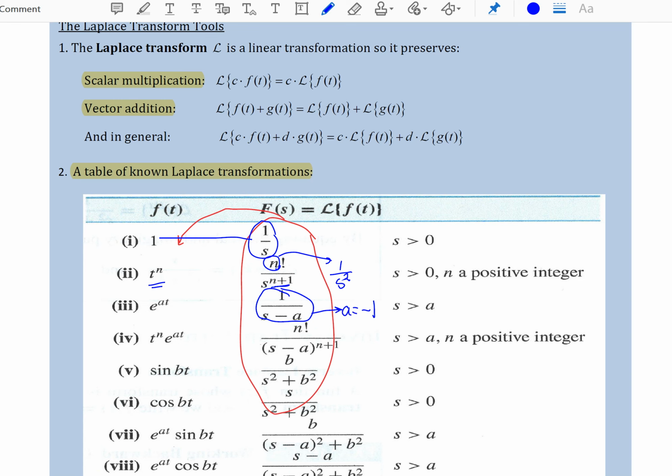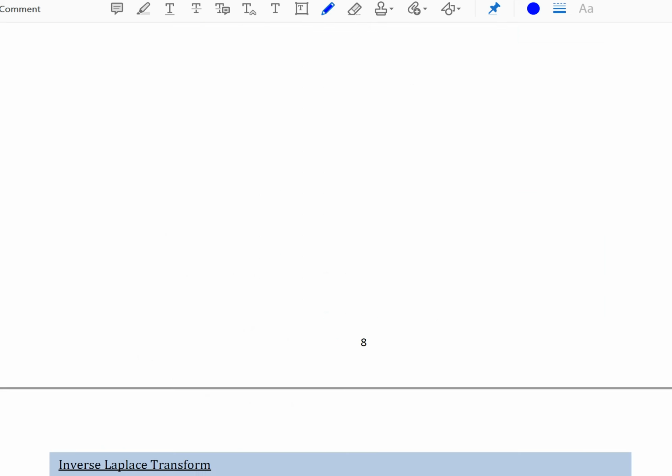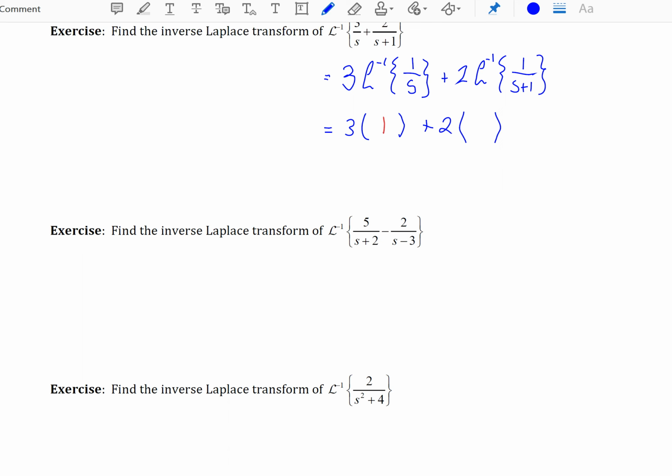Because if a is negative 1, this is s plus 1. And if a is negative 1, you'd have e to the negative t as an exponent. So this would be 2 times e to the negative t.